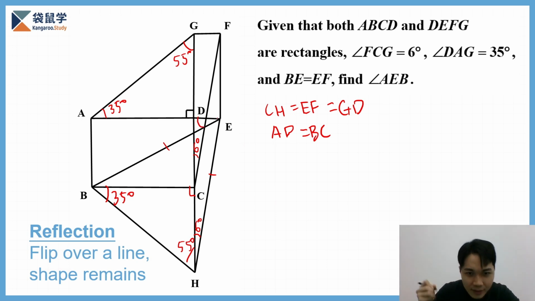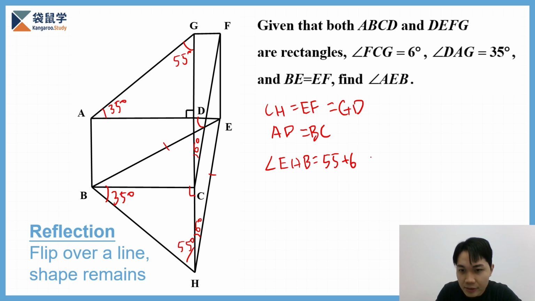Wonderful. What else? Since I know that BEH now is an isosceles triangle, then I know that angle EHB, I just need to sum it up, which is 55 plus 6 equals 61 degrees.